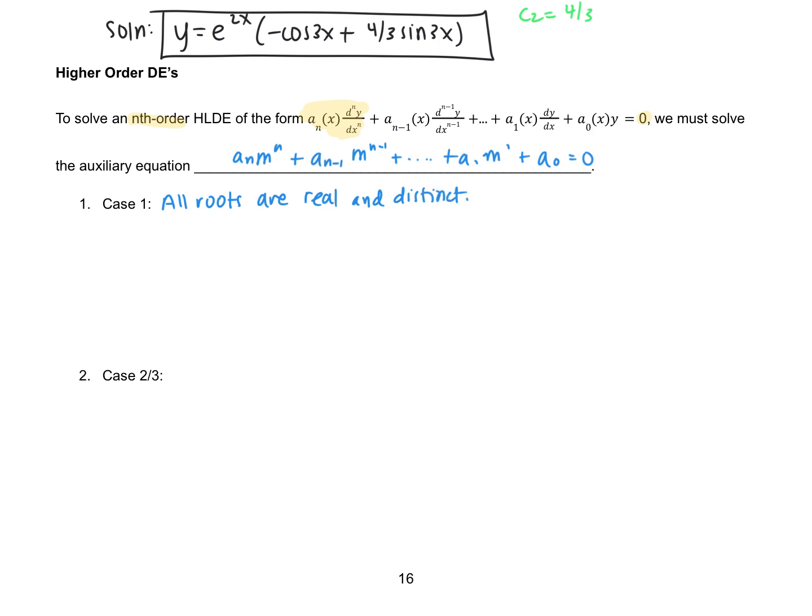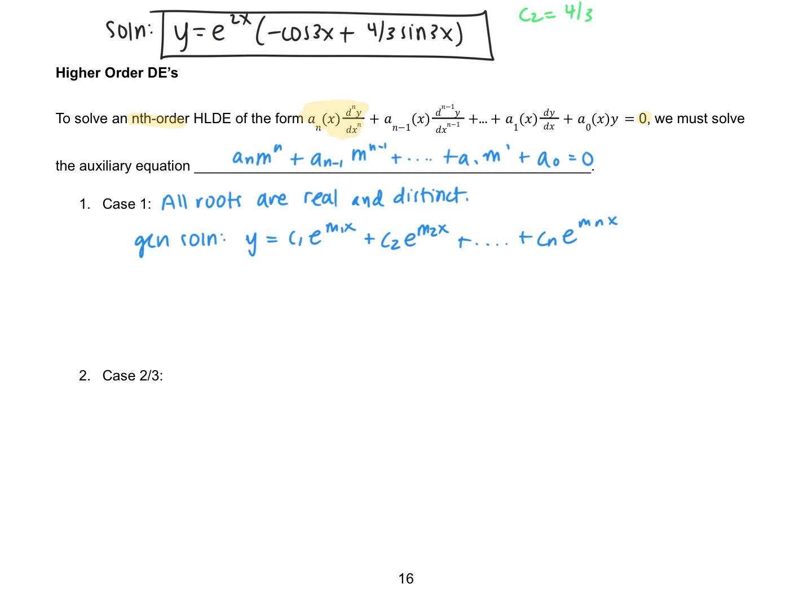So we have n roots, they're all real, and they're all different. Then the general solution would be of a similar form: y is equal to c1 e to the m1x, add c2 e to the m2x, all the way to cn e to the mnx. Similar to case 1 before, except instead of only 2 terms, we're going to have all n terms.